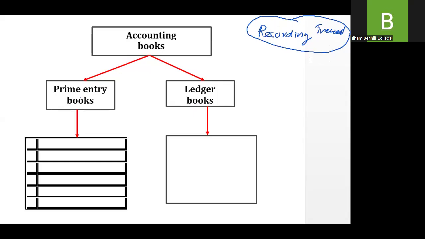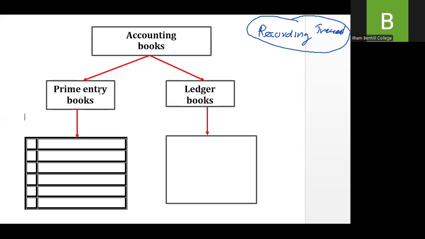A little while ago, I told you source documents are used to record transactions when they happen, then and there. From source documents, we record transactions in prime entry books, usually at the end of the day. Therefore, sometimes prime entry books are called day books.